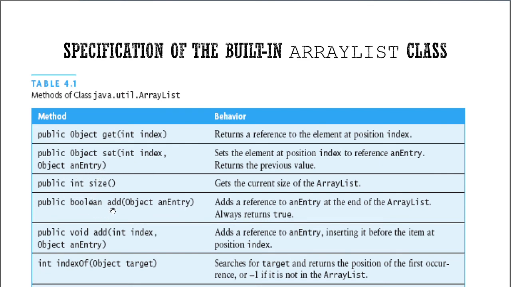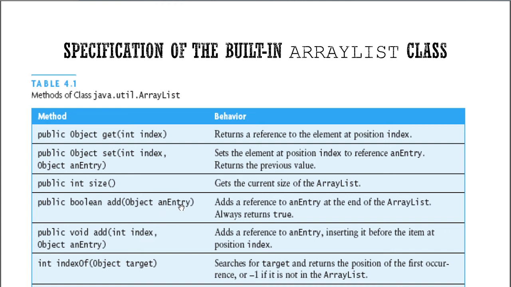Next method is add. There are two types of add. This is polymorphism: same method name, both add, but different implementation. The first one has 1 parameter, the second one has 2 parameters.